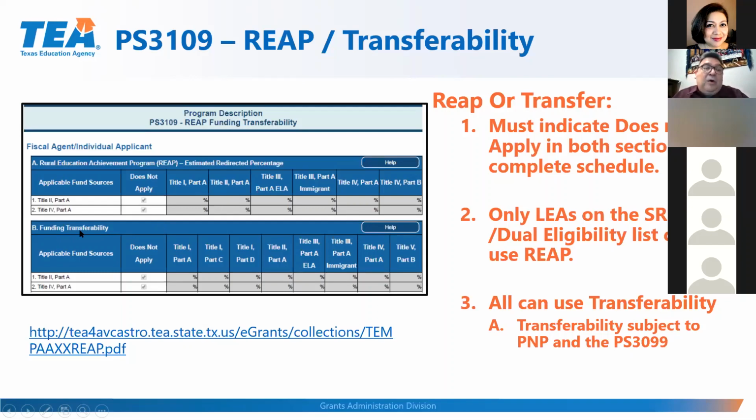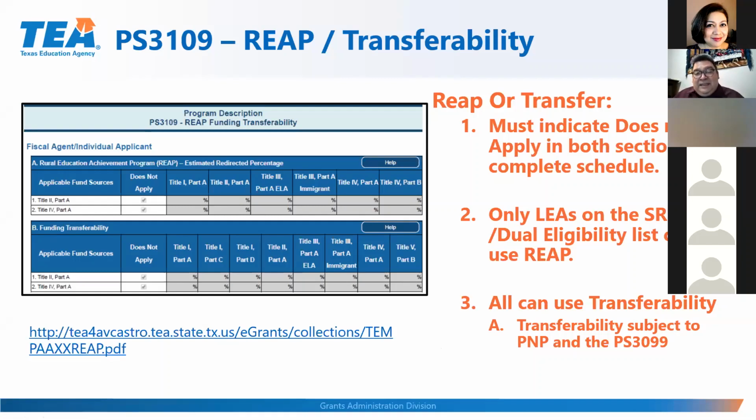If not, all LEAs can use funding transferability. And you can transfer or REAP the funds into any of the funding sources that are listed in that section. Just to give you the difference between REAP and transferability. REAP is a more flexible use.